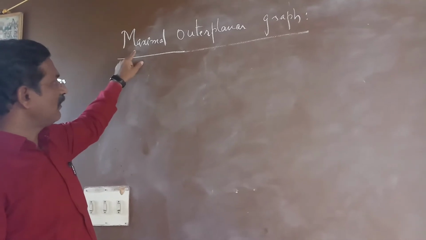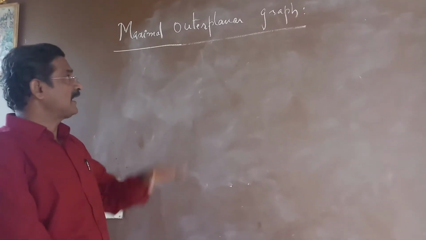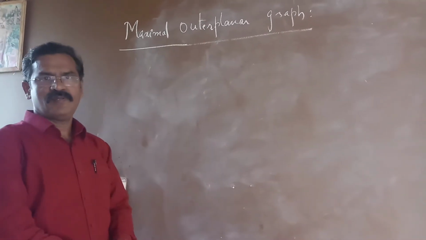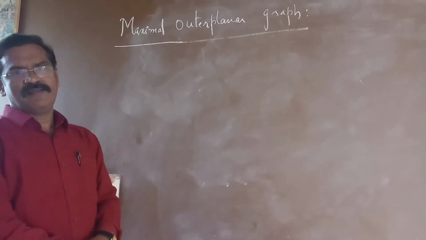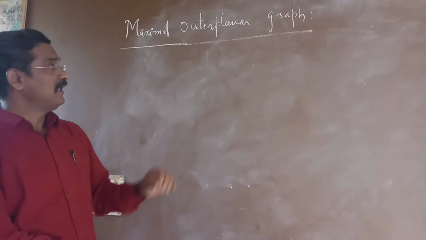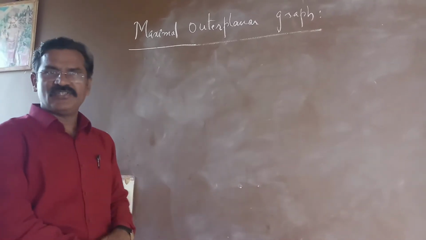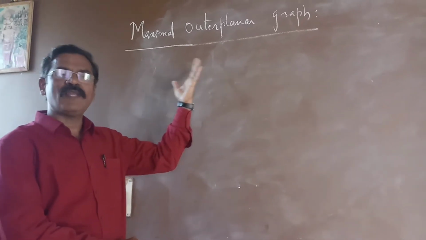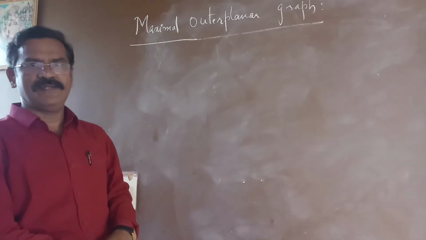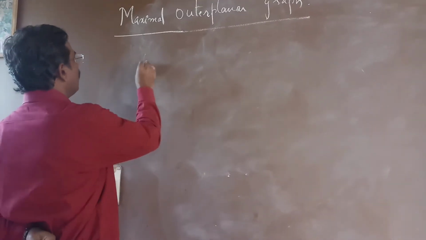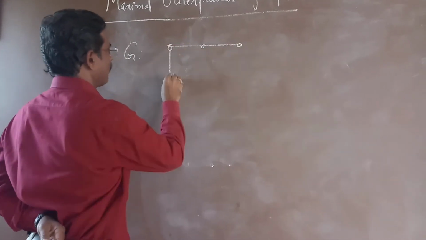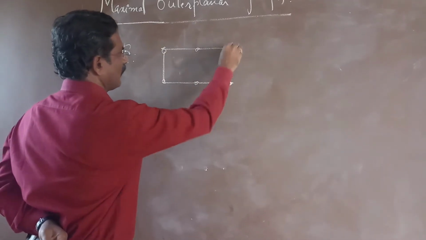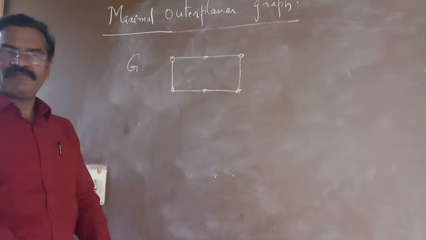Now we will think of another concept, maximal outer planar graph. A maximal outer planar graph is an outer planar graph in which it is not possible to add one more edge. If you add one more edge, it violates the property of outer planarity. For example, this is an outer planar graph.